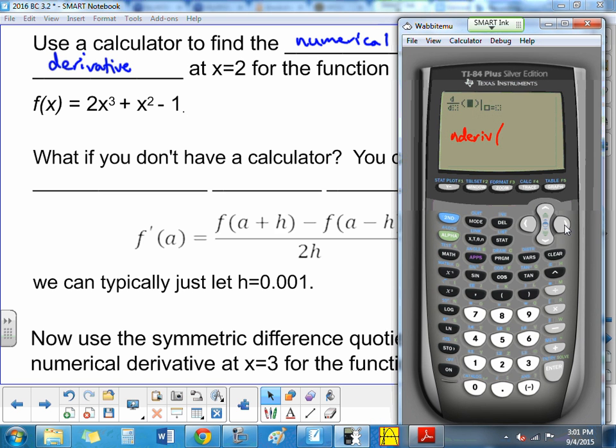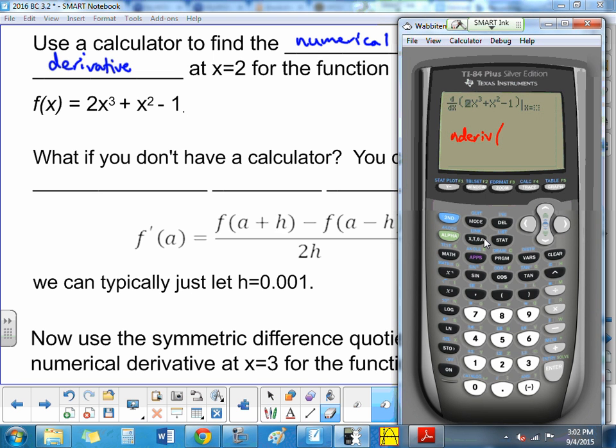So our function is 2x cubed plus x squared minus 1. And we're interested in taking the derivative with x as our independent variable, so we're going to put an x right here down under the d dx.